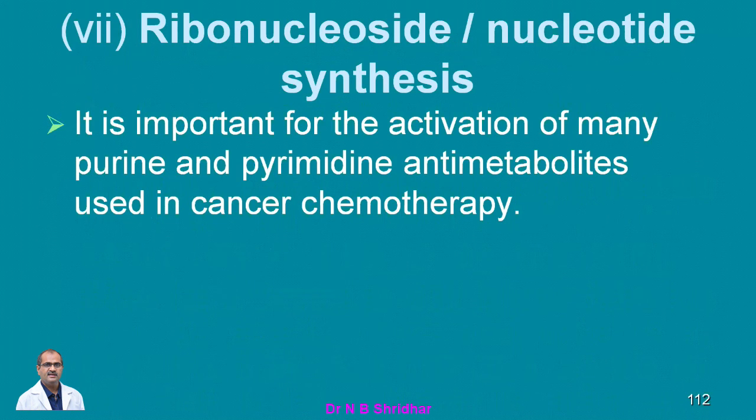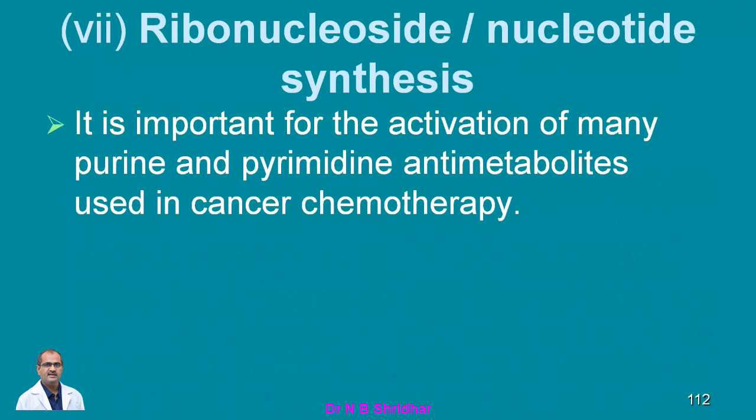Then apart from this, ribonucleoside or nucleotide synthesis also takes place. This is important for activation of many purines like cyclic AMP, etc., and pyrimidine anti-metabolites used in cancer chemotherapy.